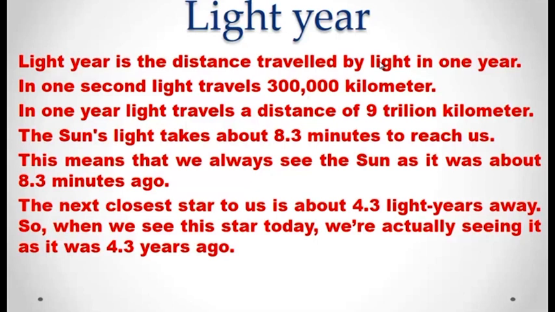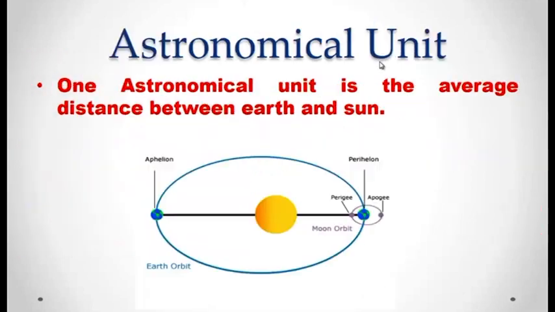Coming to the next unit used in astronomy to measure distance, the astronomical unit. One astronomical unit is the average distance between Earth and Sun. Earth revolves around the Sun in an elliptical orbit. An ellipse does not have one center, it has two centers, so the radius of the ellipse will not be equal.